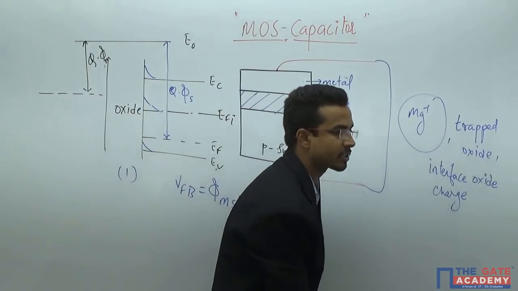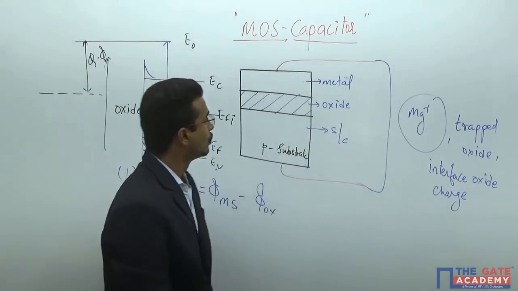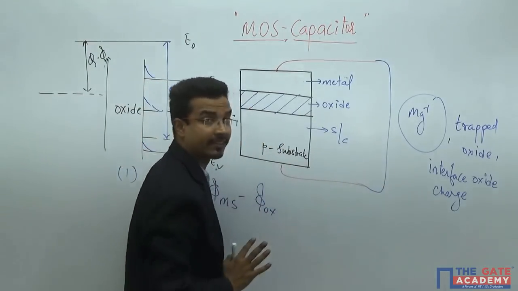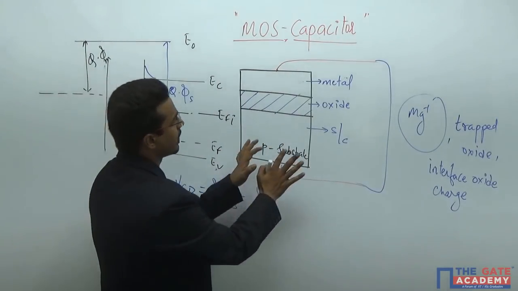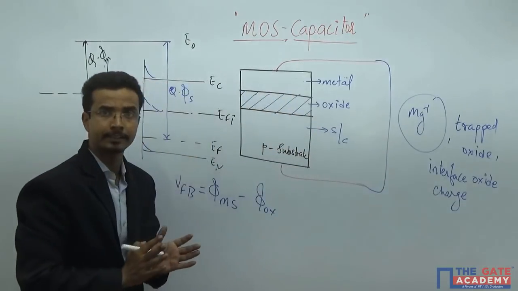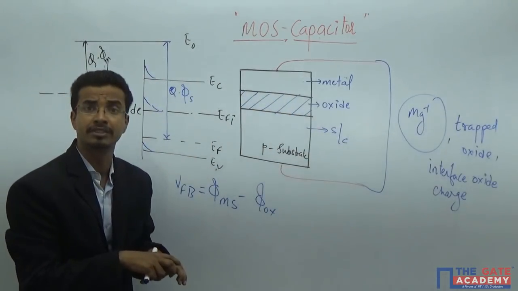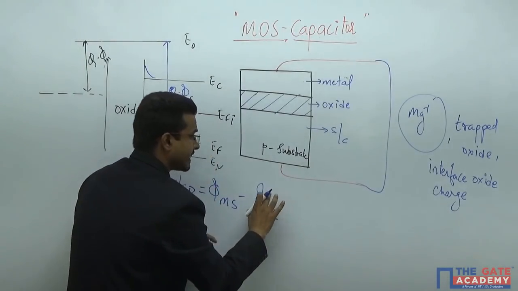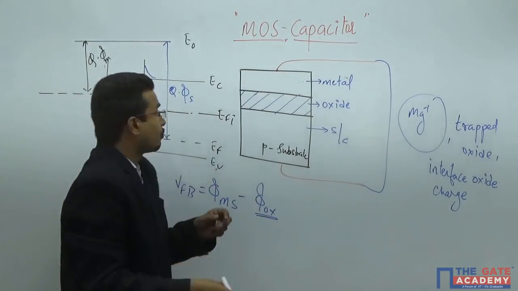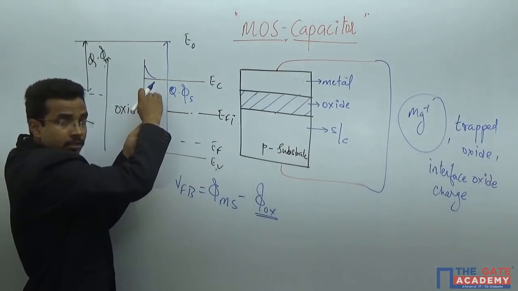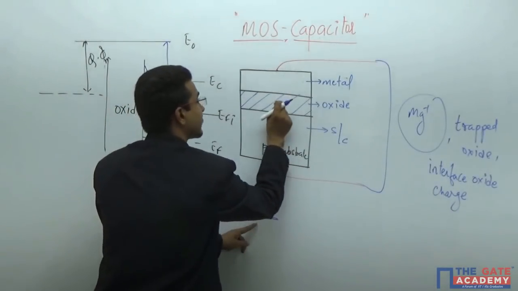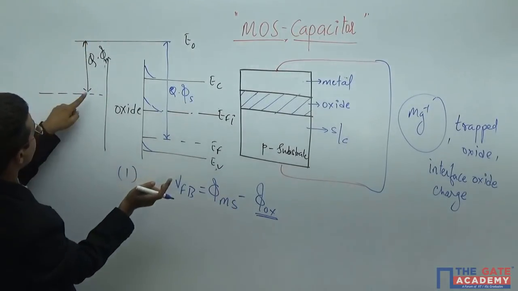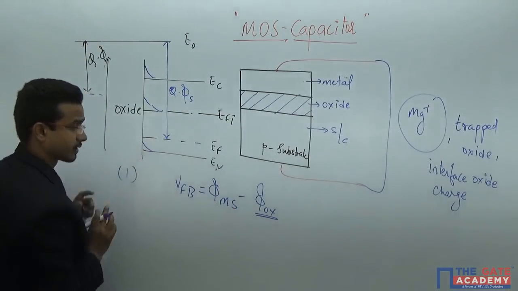Various positive charges will exist there, and we have to take care of those things. I have taken this as the external voltage which you have to apply to make this band flatter. That is the oxide charge inside this, and this phi ms is just the work function difference between the metal and semiconductor.